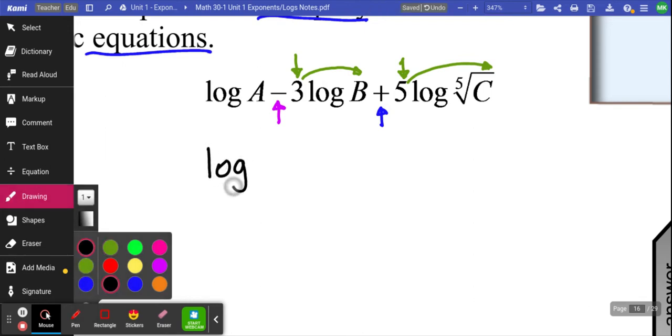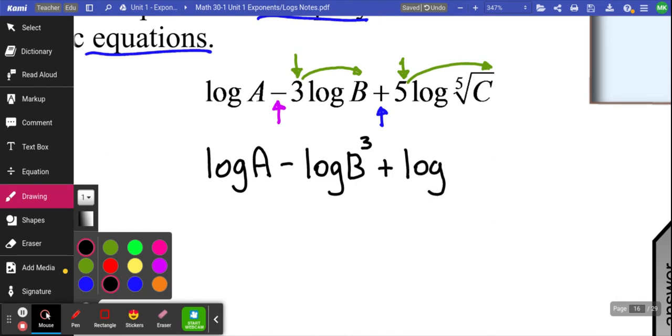Log of A minus log of B to the power of 3, plus log the fifth root of C to the power of 5.